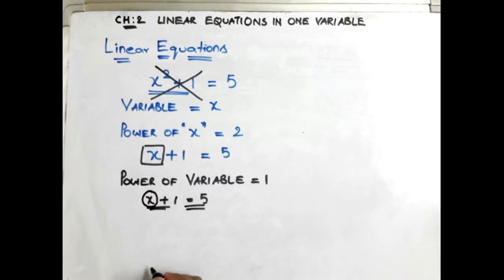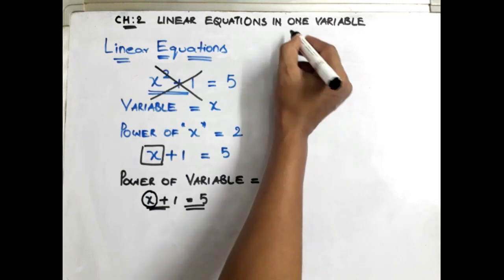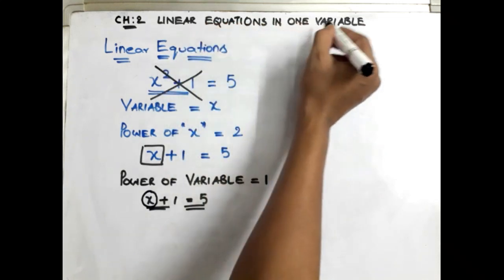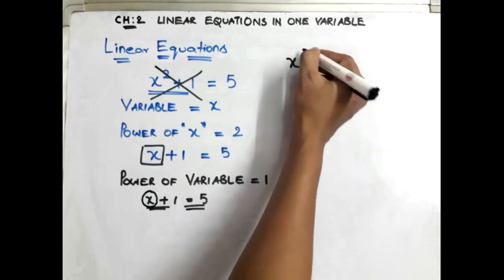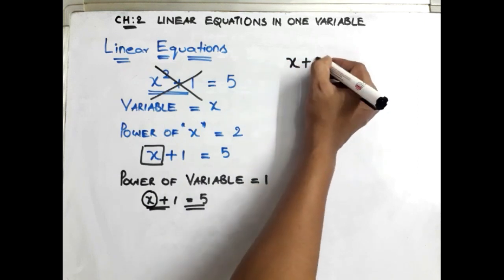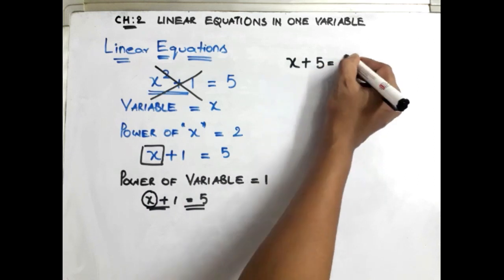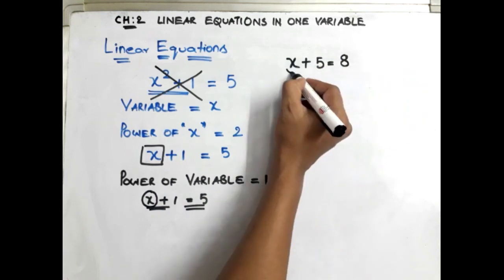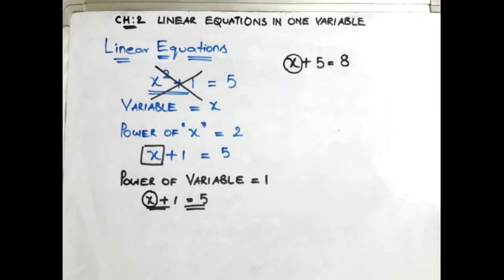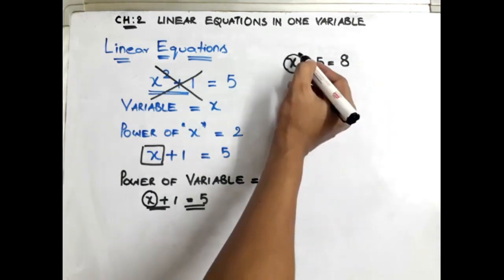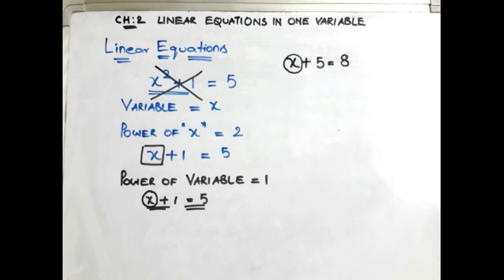So through this what you have to understand is that a linear equation in one variable should have only one variable and the power also must be 1. As you know, usually we won't write the power when it is 1. I will show you some more examples for linear equations.